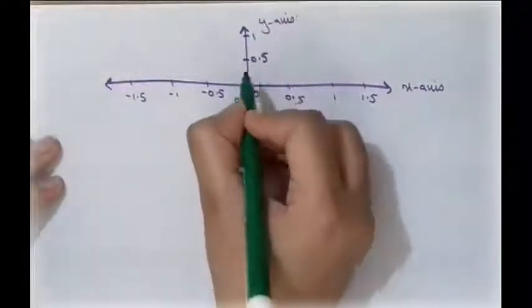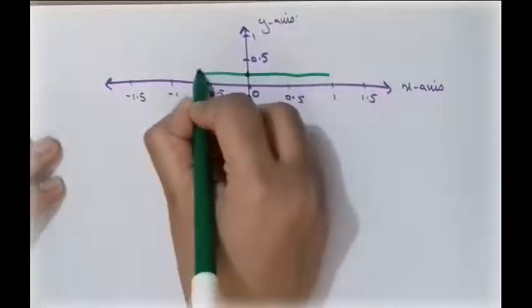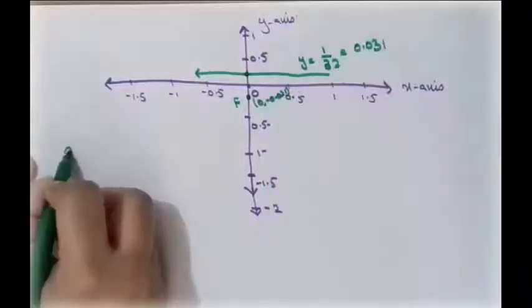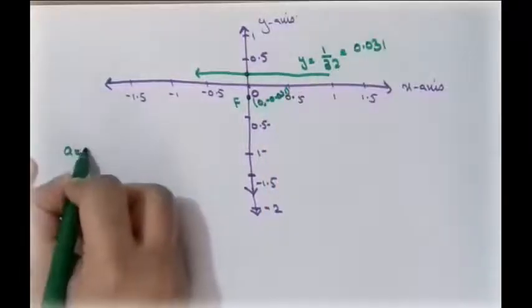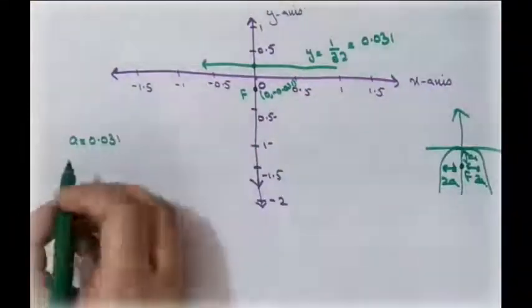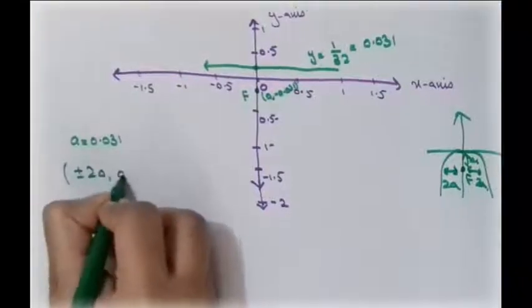And if we take the vertex here, the directrix line is y equals 1 divided by 32. So the value of a that we find is 0.031. In that case, the endpoints of the latus rectum are plus minus 2a, with a.